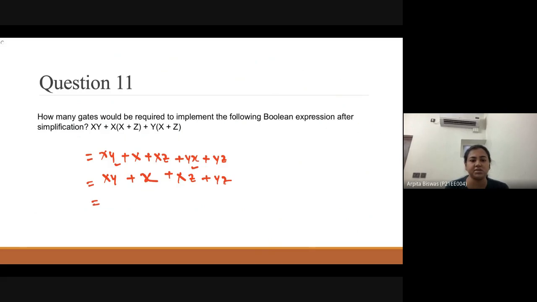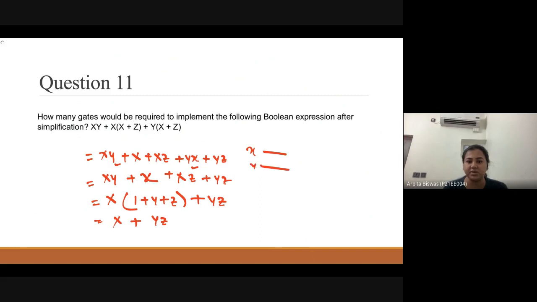So from there we can take common x. So what will we get? 1 plus y plus z, right? Plus y into z. So 1 plus something is equal to 1. So x plus y into z. How will we represent it? This is x, okay?